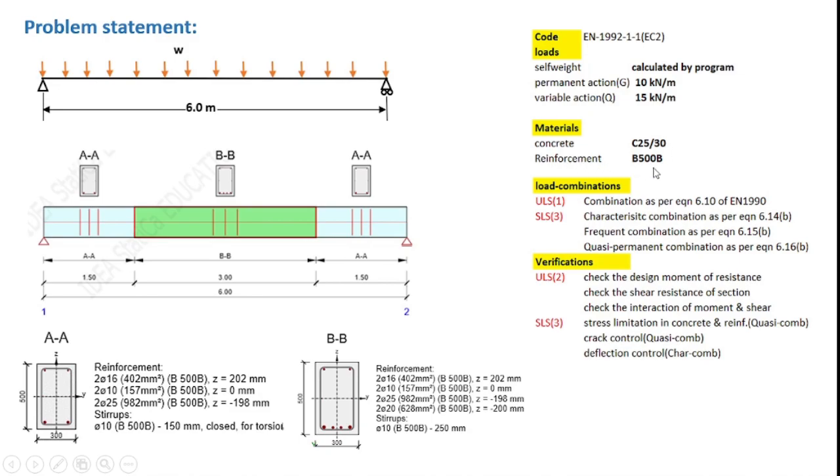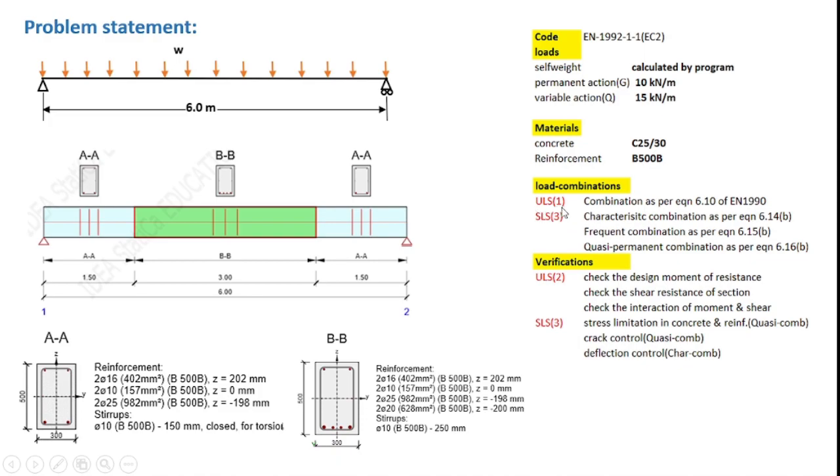Okay, and here the material for concrete we will be using is C25/30, and the reinforcement will be of grade 500 and class B. The various load combinations will be broadly classified under 1 for the ULS and 3 combinations for the serviceability limit states.